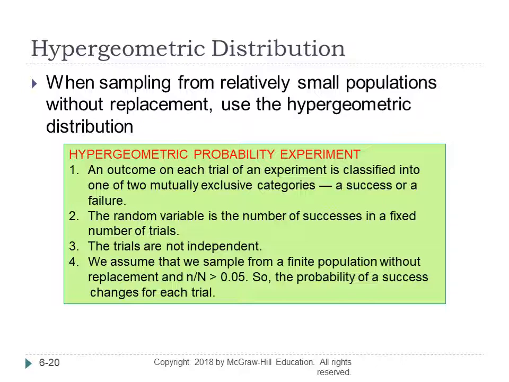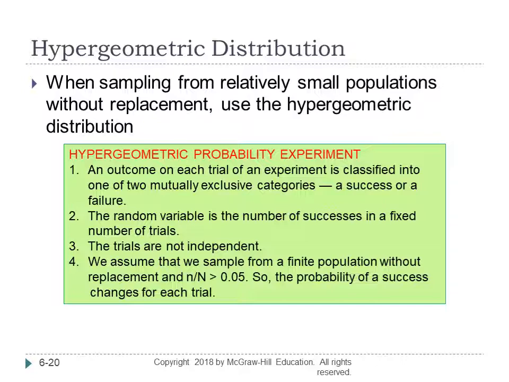If you sample with replacement, that means every time you pick something from the population, you put it back before you pick the next item. But sampling without replacement means you pick the items one at a time without putting them back.